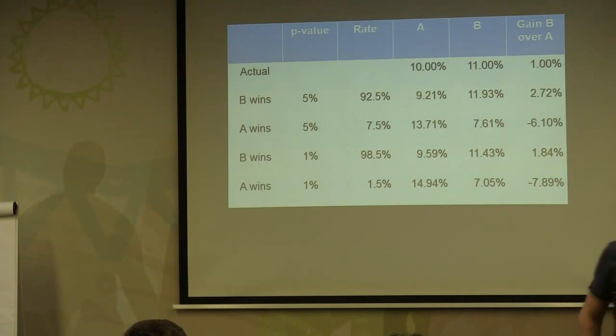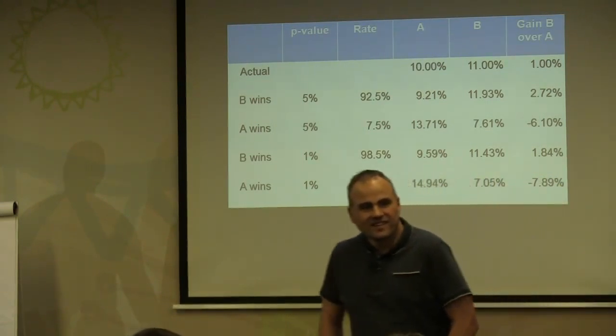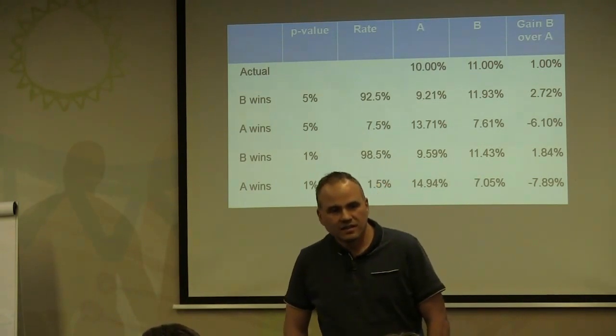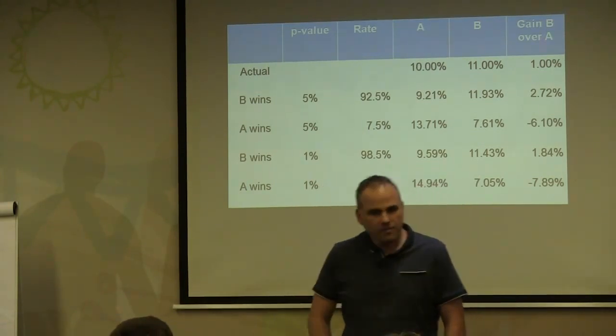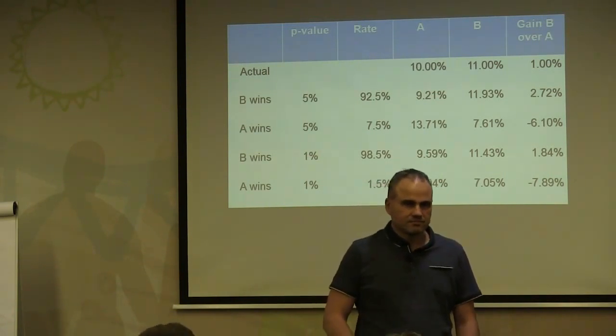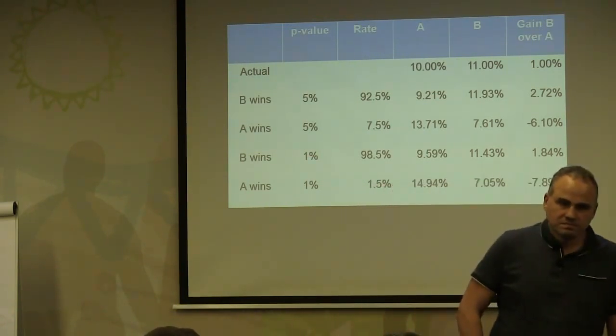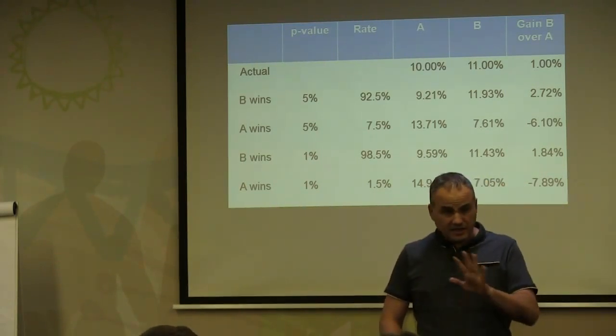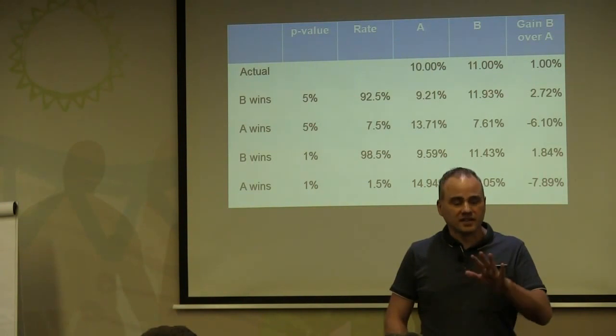Yes? If you had stopped after a set duration. After what? After a set duration. Decide beforehand that two months is going to be your duration. Then would the gain be fair? No. Well, the gain is fair. What you measure is fair, yes.